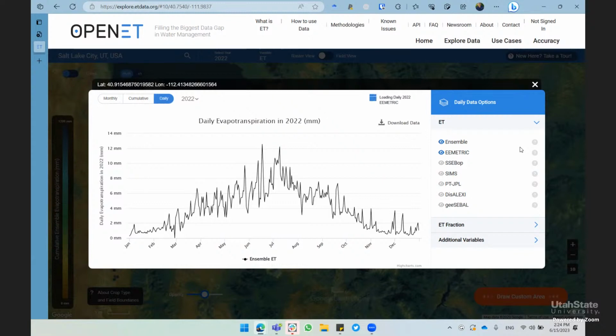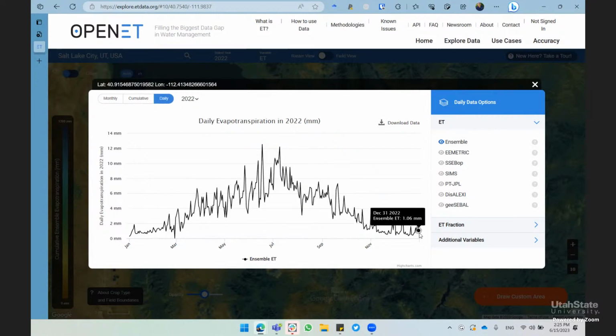Also, OpenET is trying to do daily ET, which so far is not real time. OpenET is 3 months behind today. The data in the platform is 3 months behind, but their goal is that we can have the data up to yesterday, so we can start using this data for irrigation planning.